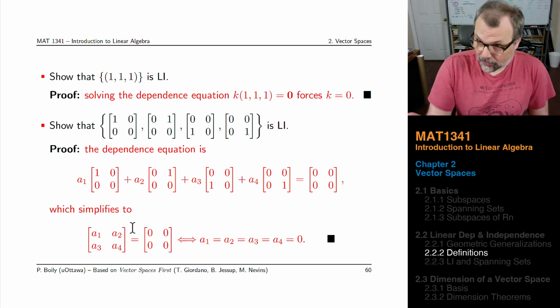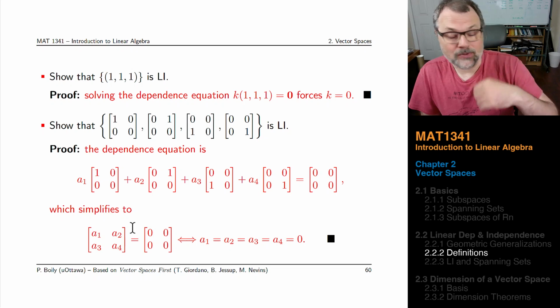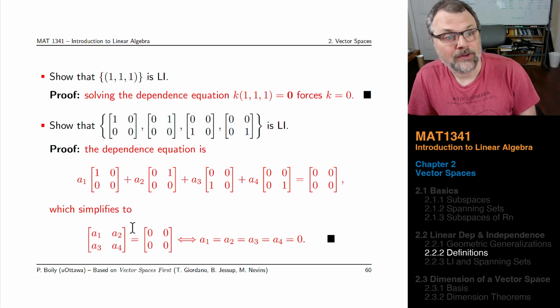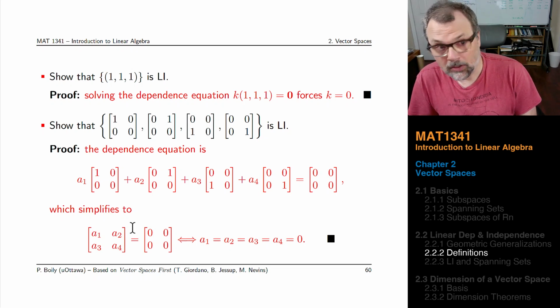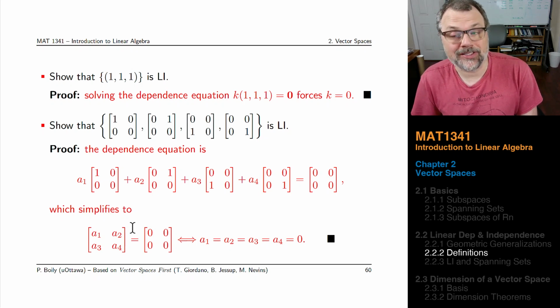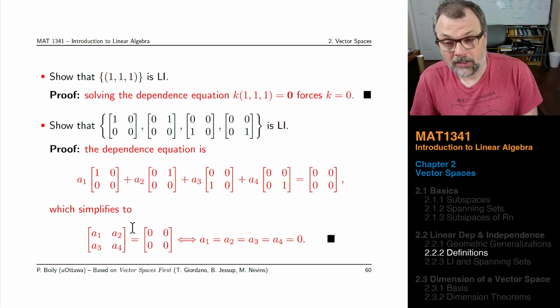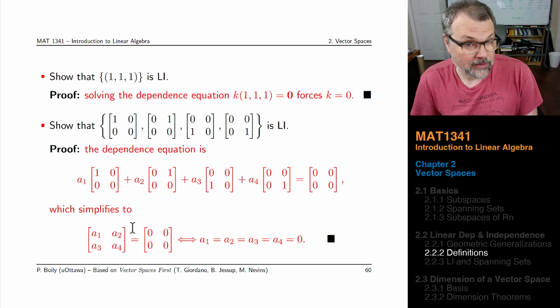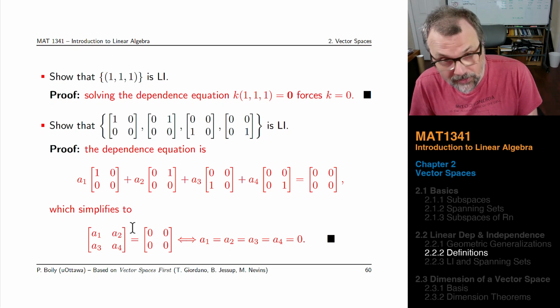We will see later that the set of 2 by 2 matrices is a set of dimension 4. If there's 4 of them, you're not guaranteed that they're linearly independent. They could be linearly dependent, right?